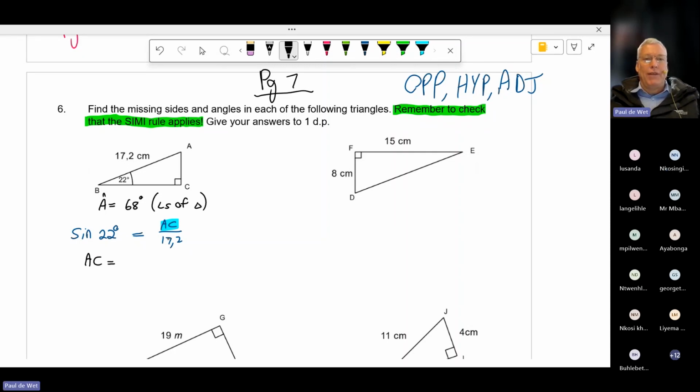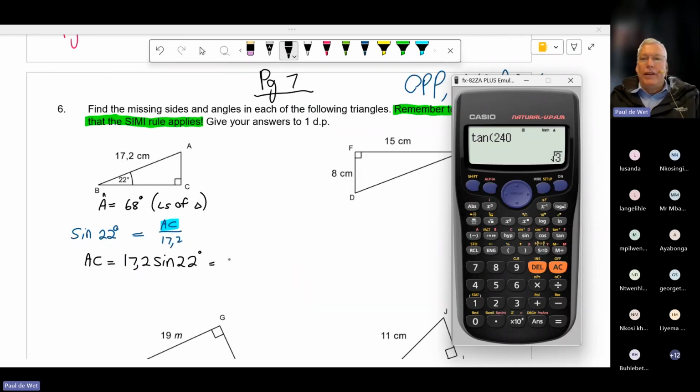I want to get rid of this dividing by 17,2. Well done. I'm going to multiply by 17,2 on both sides of the equation. Now I can get the answer for AC. It's going to be 17,2 multiplied by the sine of 22, and I get 6,4.